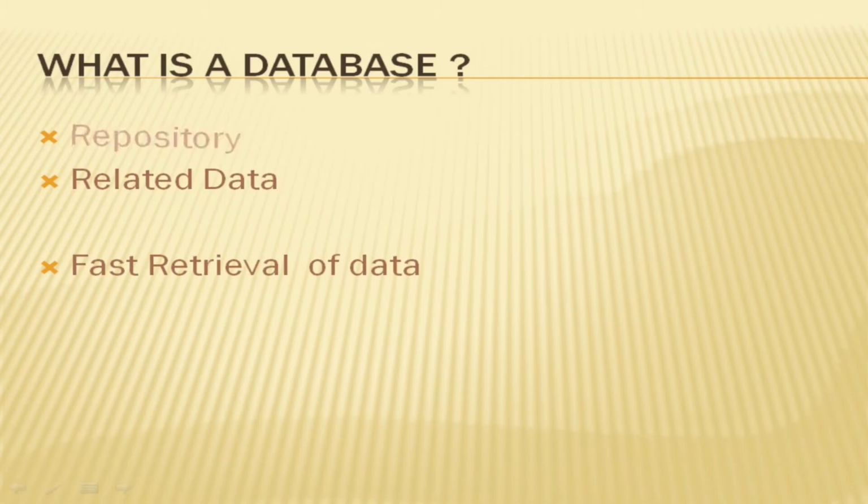What is a database? Well, a database is an organized collection of related data, right? Databases are sometimes called a repository of information. Modern databases can store millions of records and allow retrieval of requested data within a mere second. Just remember that.